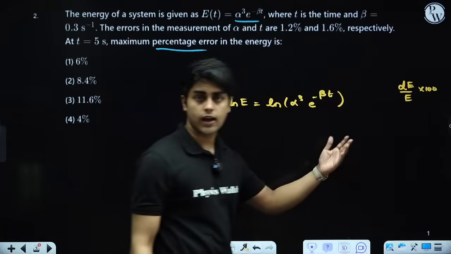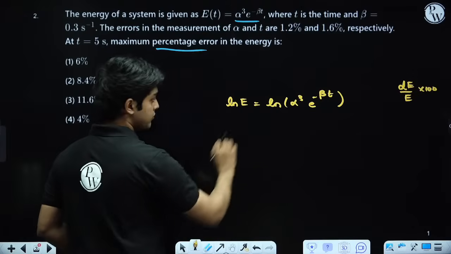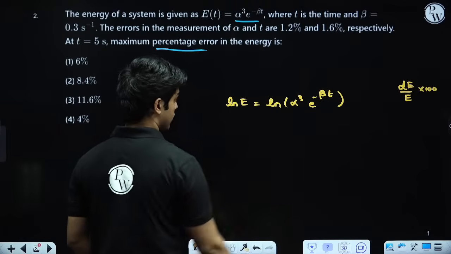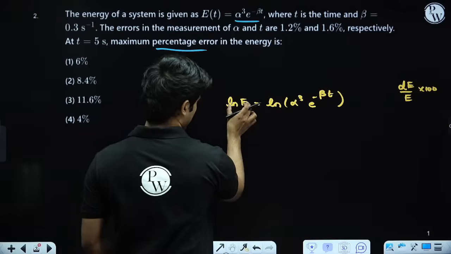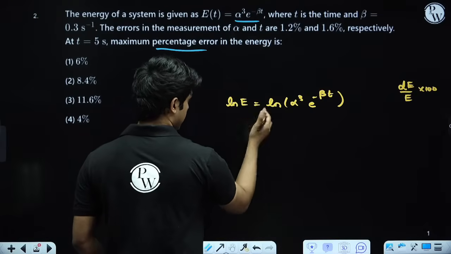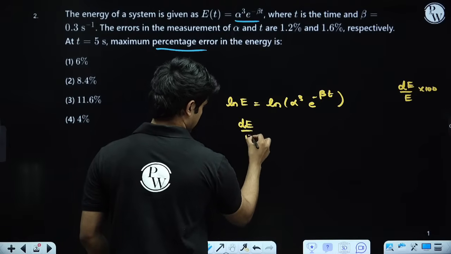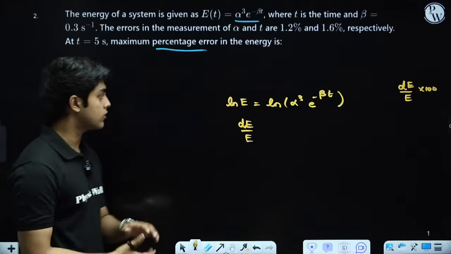This is how we calculate the percentage error. But now, once we take the logarithm, we'll differentiate it on both sides. The derivative of log of E will become 1 by E multiplied with dE, so this will become dE over E. This is the advantage of taking logarithm on both sides.